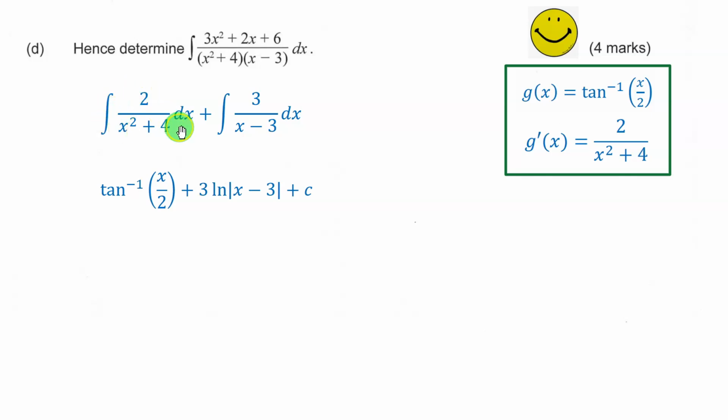So we know the antiderivative of this function is simply tan minus 1 of x on 2. This fella is just a simple bit of 3 times the log of the denominator here. I think I maybe called the wrong thing upstairs. Anyway, let's keep going. 3 log of x minus 3 plus c. And we think that's a sweet little 4 marks there, isn't it?